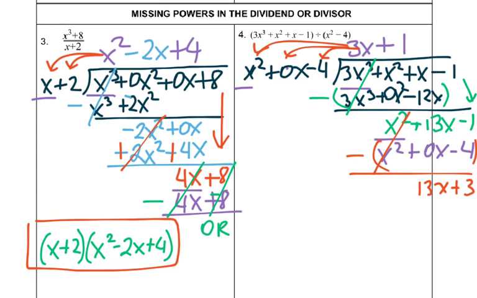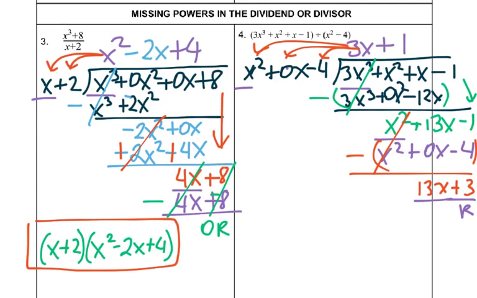So now if you look at the first term, which is 13x, the power is less than the divisor, so we cannot divide x by x squared, which means 13x plus 3 is my remainder.